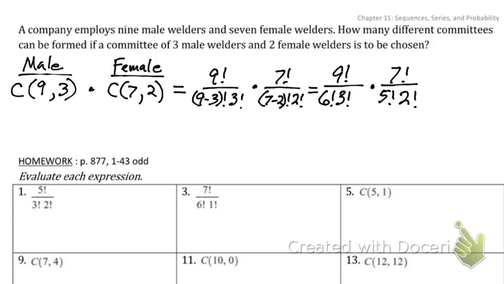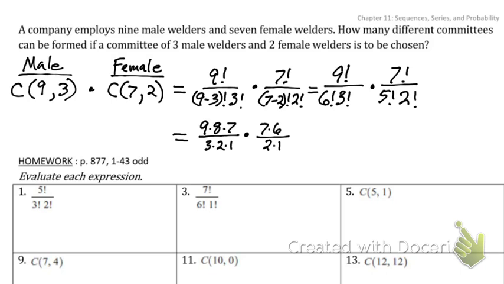Well, we can simplify this further. Now, 9 factorial becomes 9 times 8 times 7 times 6 factorial. So in fact, I really just have 9 times 8 times 7 over 3 times 2 for this one. For the other one, I have 7 times 6 times 5 factorial. So really, we just have 7 times 6 over 2 times 1. Well, we can go further.